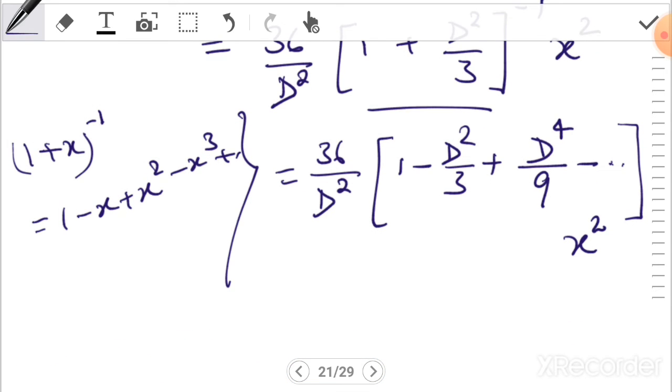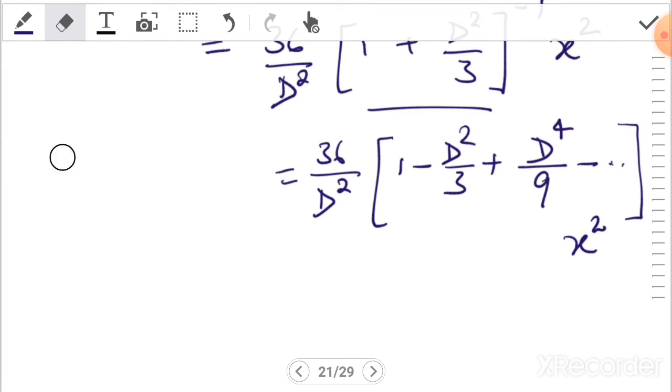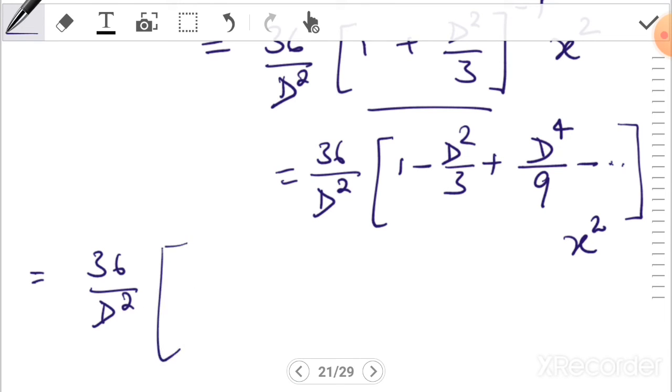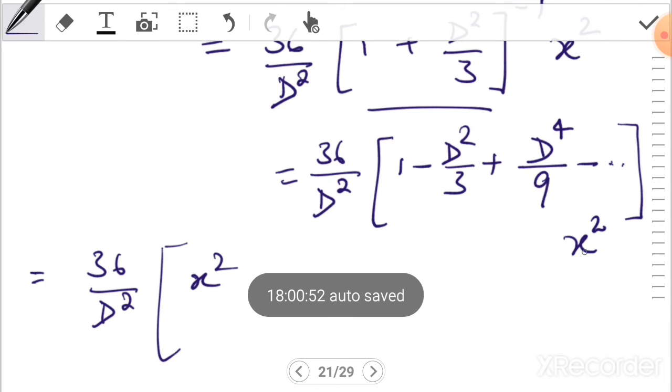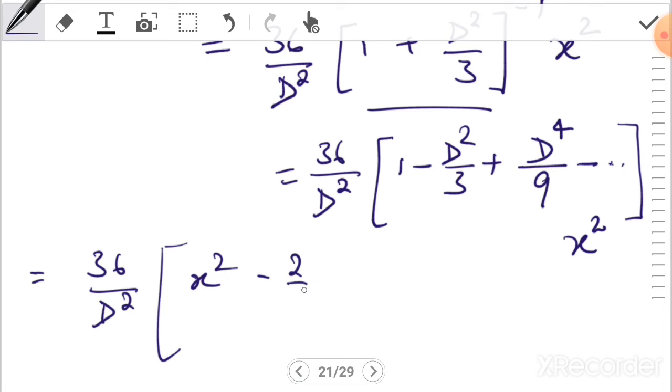So again, 36 by D square, x square minus double derivative of x square is, first derivative is 2 times x and second derivative will be equal to 2. So minus 2 by 3.